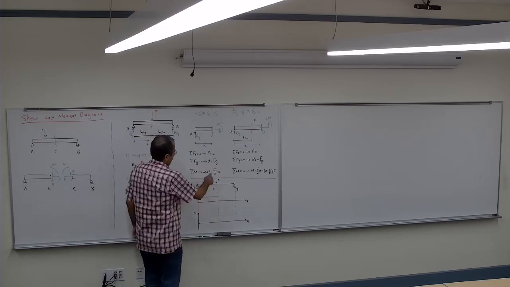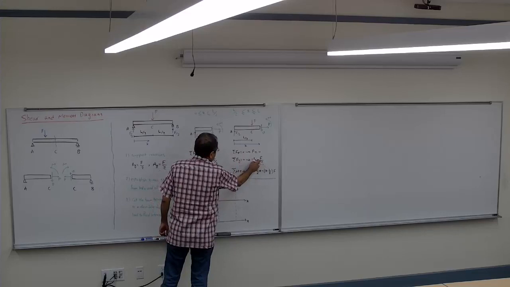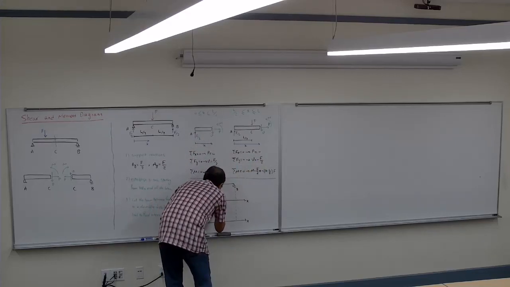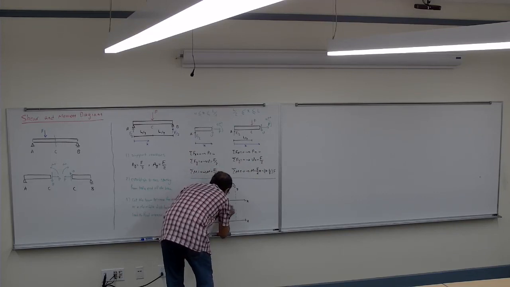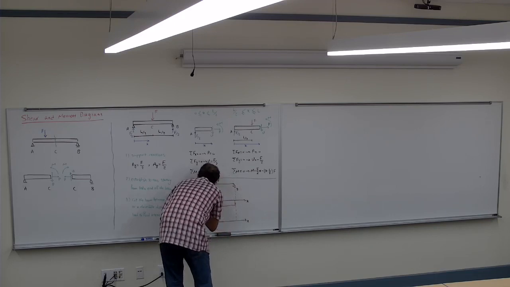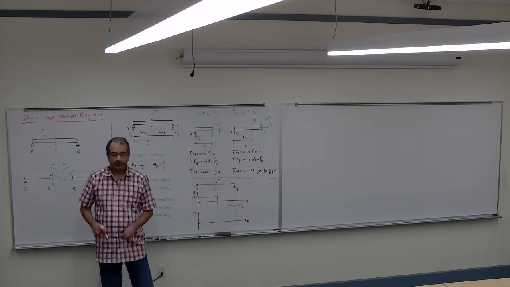Then from the middle of the beam to the rest of the beam, it is negative half of the F. So it just drops down from here and then goes back. So that's the shear diagram.